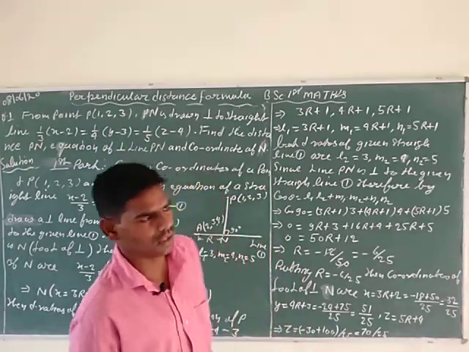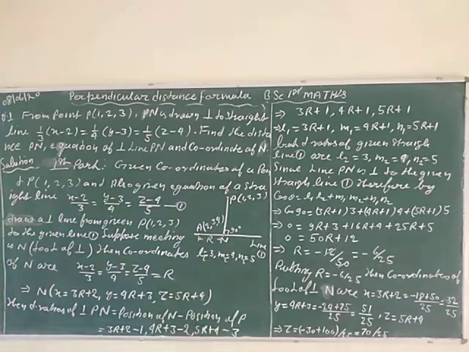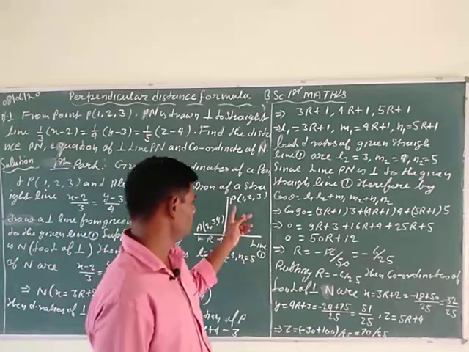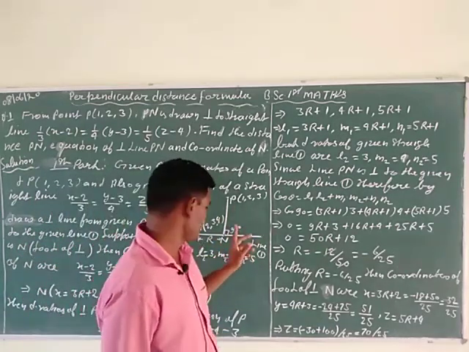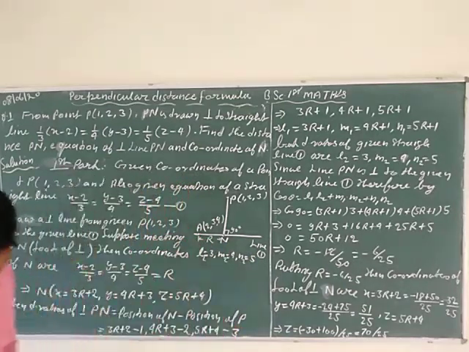Then apply the distance formula, under root of x2 minus x1 whole square plus y2 minus y1 whole square plus z2 minus z1 whole square, putting first the values for P and second for N. So please put these values in the distance formula.